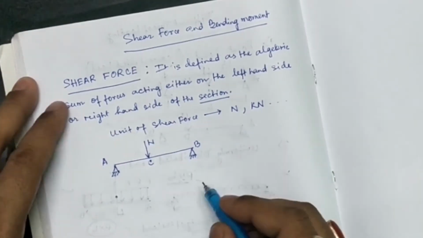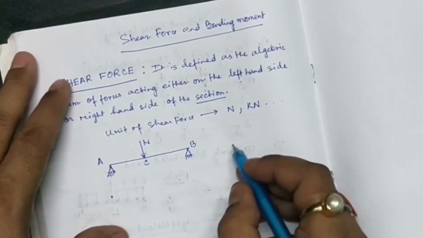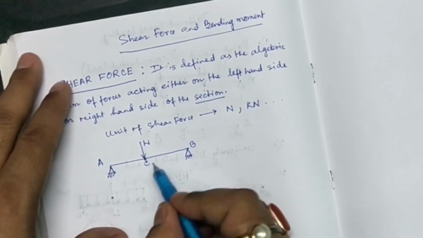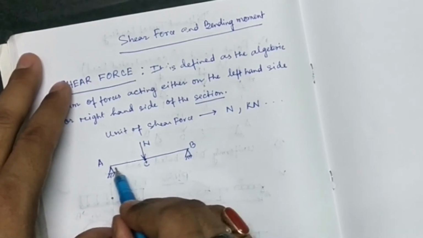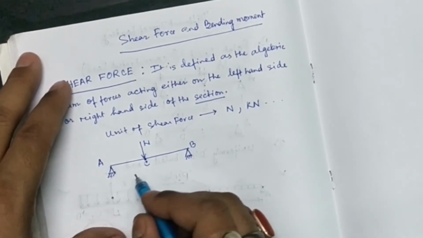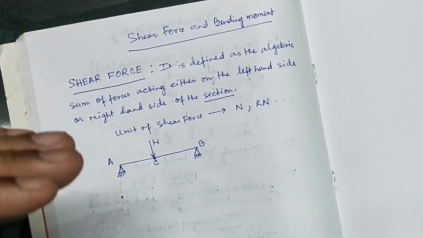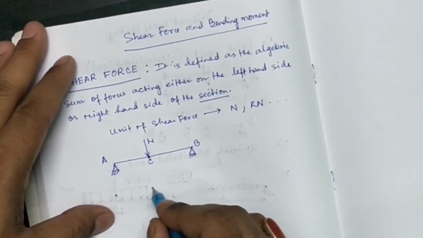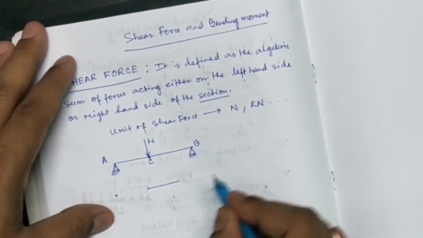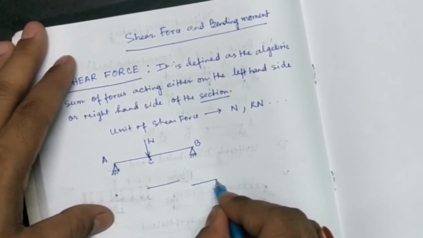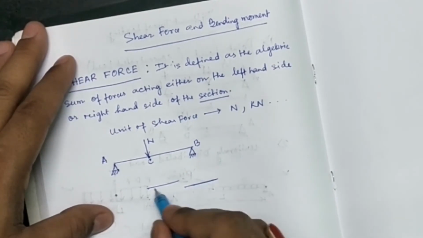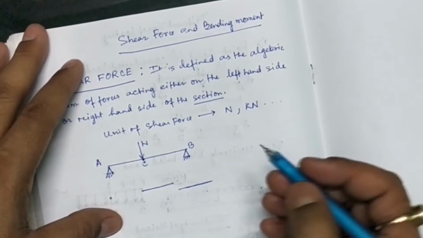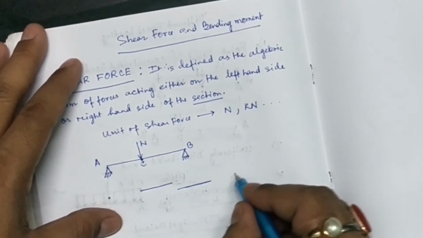If we consider the section here at point C, then by the application of this load, this beam can break into two parts. The beam can break into two parts like this. Or in other conditions also the beam may break into two parts.